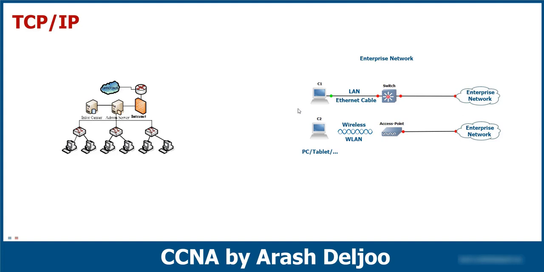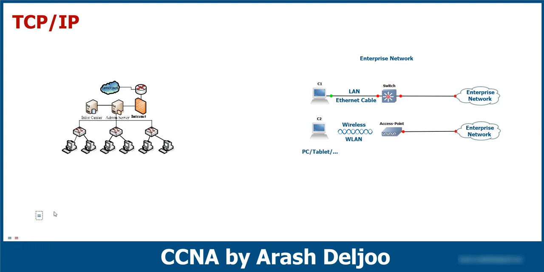In some cases, maybe you connect to the enterprise network with an access point. For example, you can connect your PC or your tablet to the enterprise network with an access point. Again, here we have a LAN, and also here we have a WLAN.